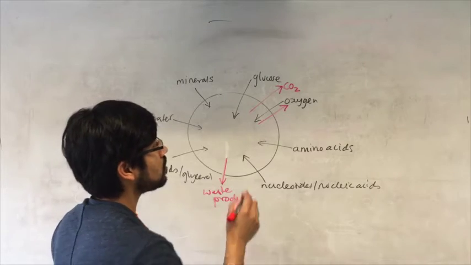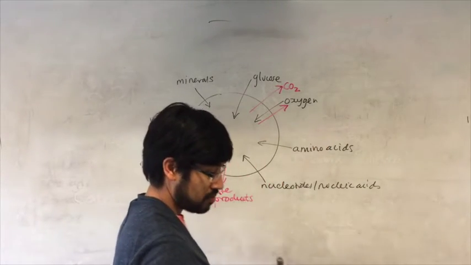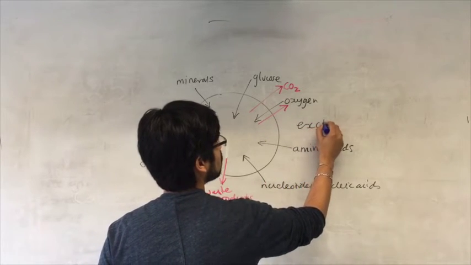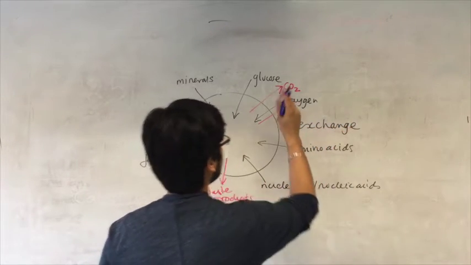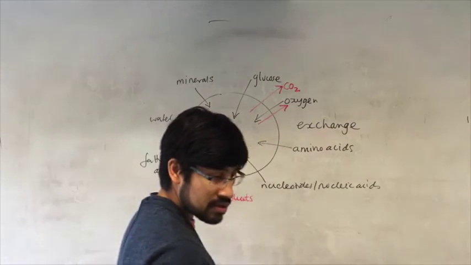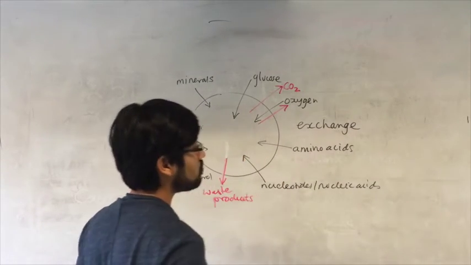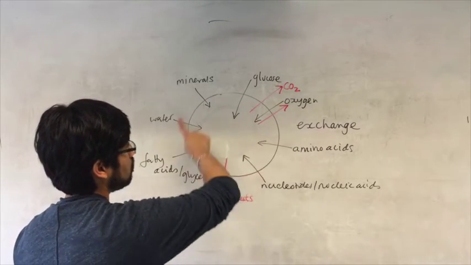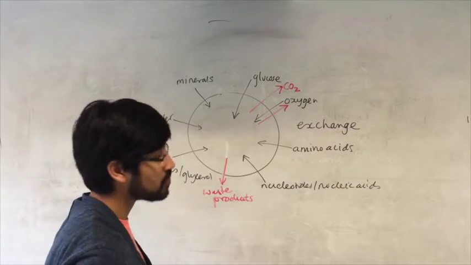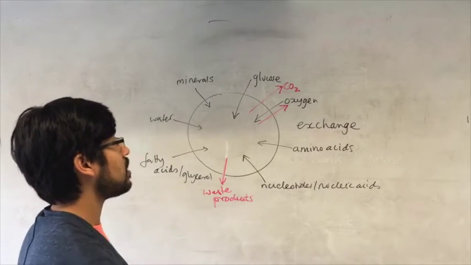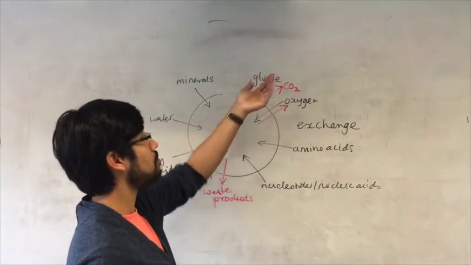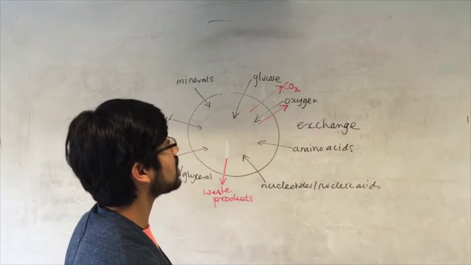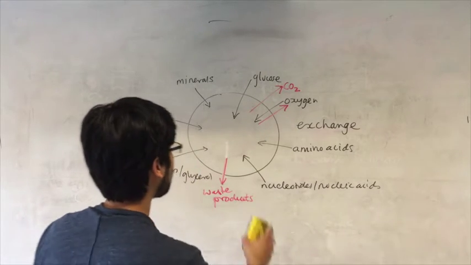Okay, so for any cell to survive, it needs to be able to exchange. Things need to move across the membrane of that cell. Okay, and that is called exchange. Some things need to leave the cell, some things need to come into the cell, and that's what exchange is all about.